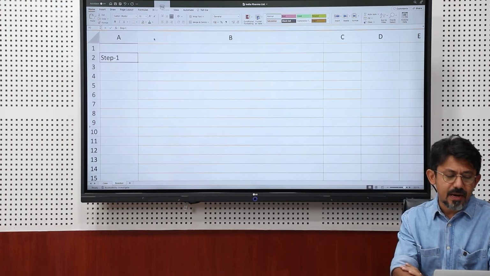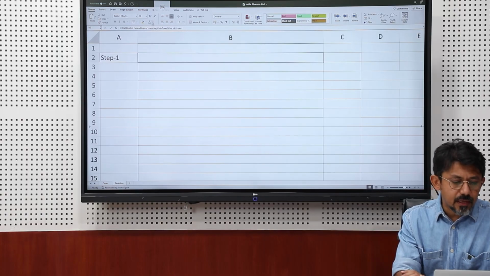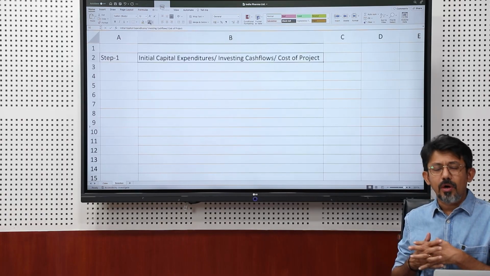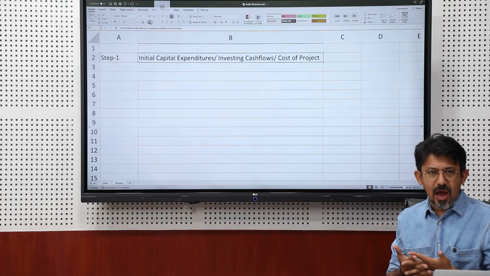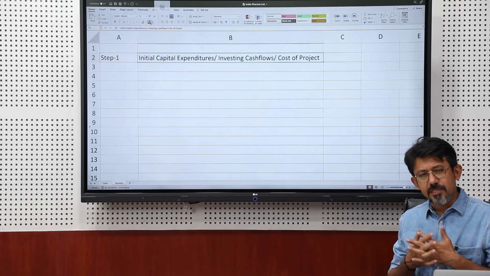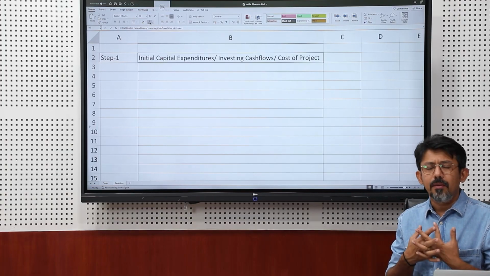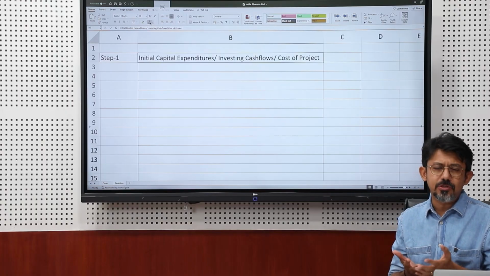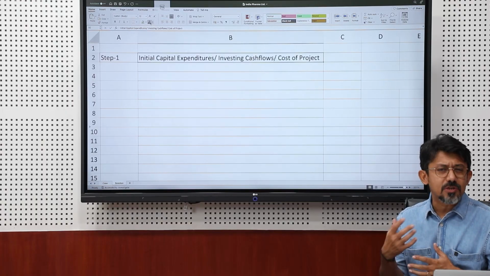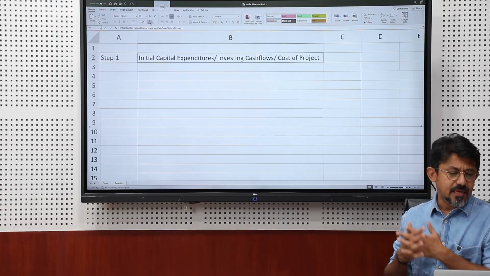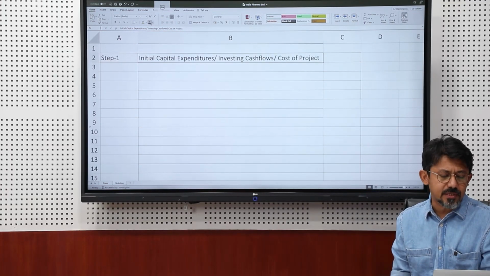So, the first step that I am looking at is the calculation of what is known as the present value of cash outflows. Textbooks and, in practice, bankers and financial institutions might use various terms for this step, and hence I have written everything possible under the sun over here.